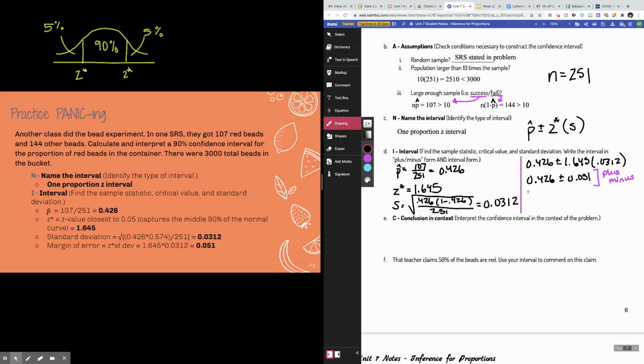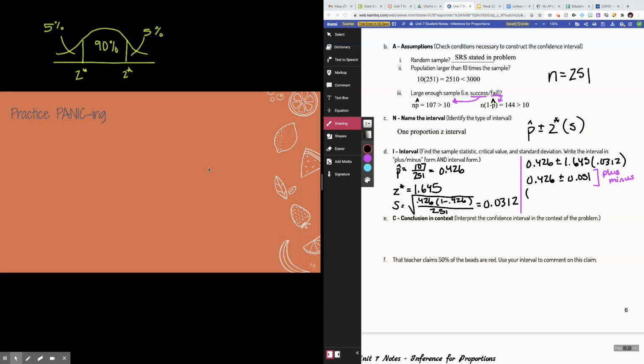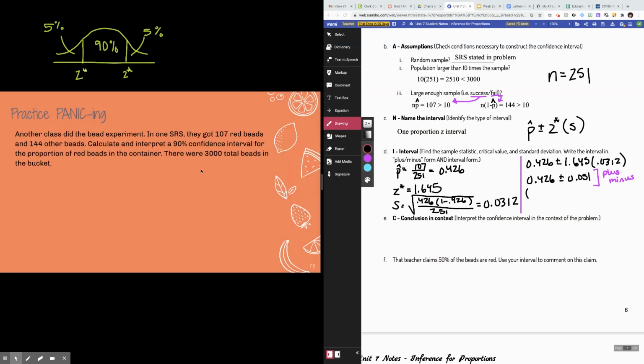I'm going to write out what's actually happening, but you don't have to write this part when you solve these types of problems.